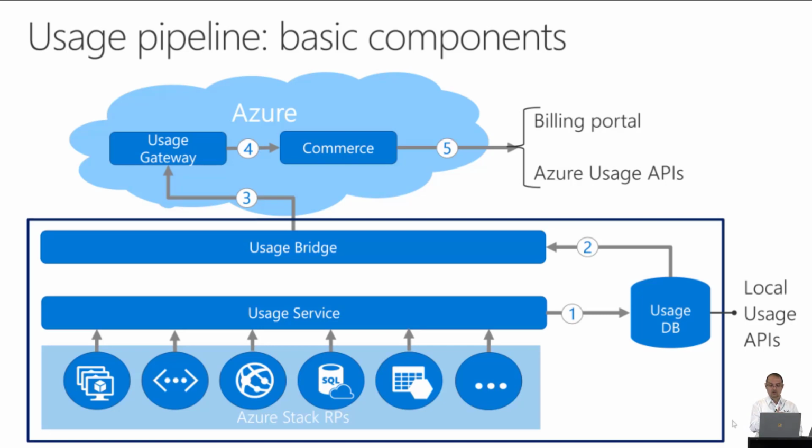The Azure usage gateway service is responsible for talking to Azure Commerce in the backend. Azure Commerce is where you interact with the APIs, and the billing portal also comes from there. So Azure Commerce will be responsible for populating your billing portal with the right information. So this is how the data is captured from Azure Stack in the backend.